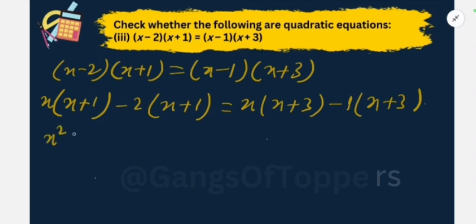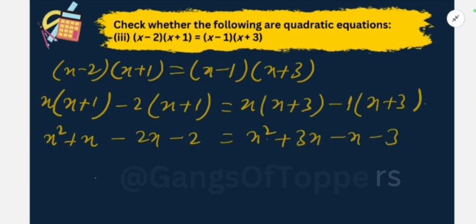Now this becomes x square plus x minus 2x minus 2 equals to x square plus 3x minus x minus 3. Adding the x terms, x square minus x minus 2 equals to x square plus 2x minus 3.